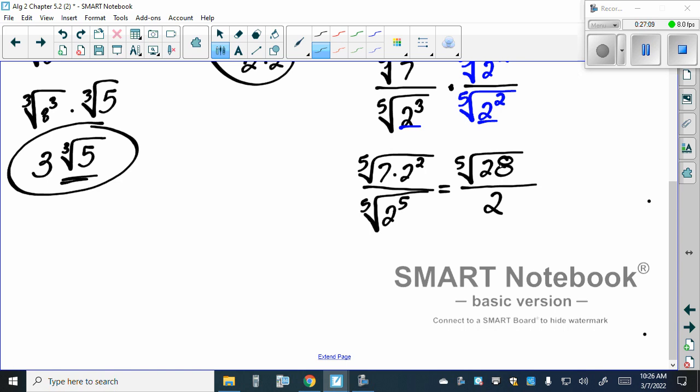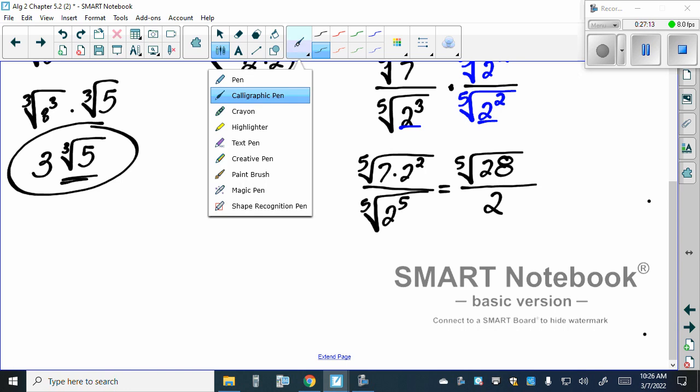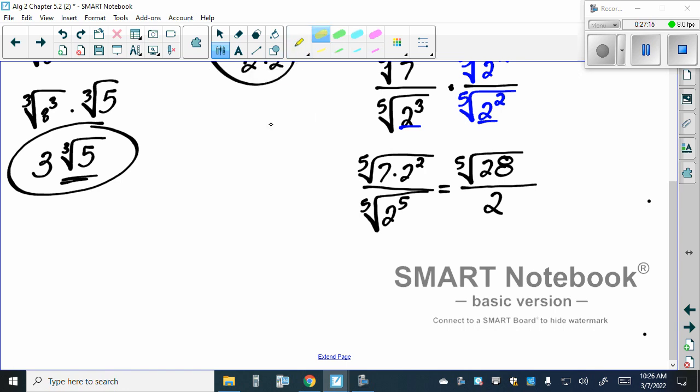But, and that's it. Because if I know over here, highlighter, that we can't take the 5th root of 7 and we can't take the 5th root of 2 squared, and we know that 7 and 2 squared don't have any common factors, we can't take the 5th root of it.